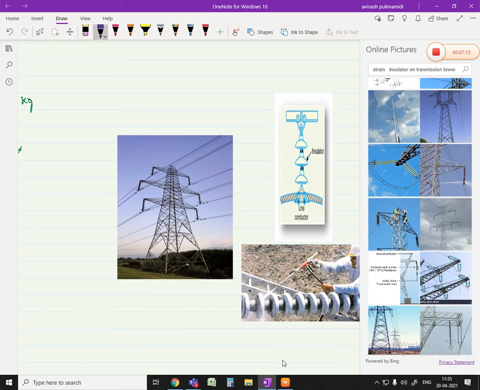Okay, we will see that later. This is the suspension type of insulators.